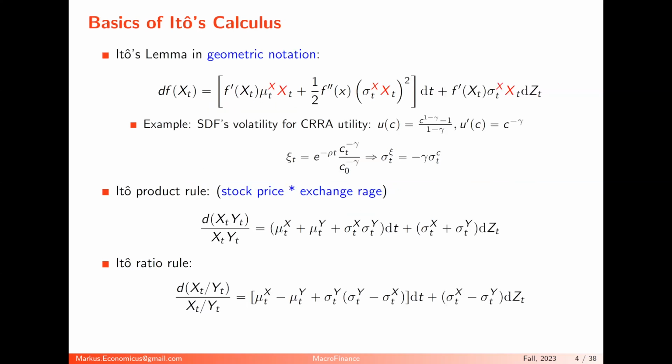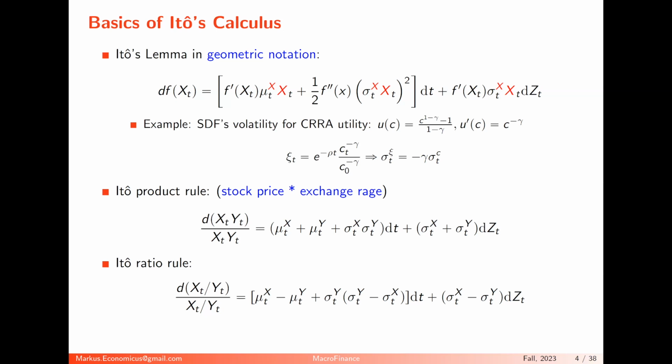We had this last time already: the geometric notation in terms of the Ito formula. If x follows an Ito process, a stochastic process, then f of x is also a stochastic process and follows an Ito process.